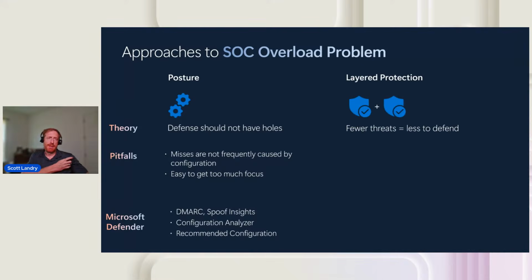Another way that people approach the SOC overload problem is that they just keep adding more and more layers of protection. Again, not necessarily a bad thing because fewer threats is less to defend. Okay, so this is kind of intuitive.